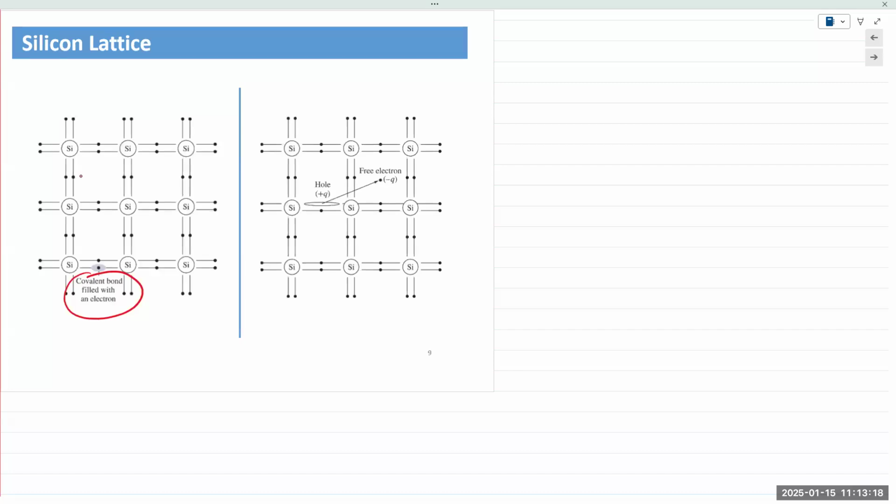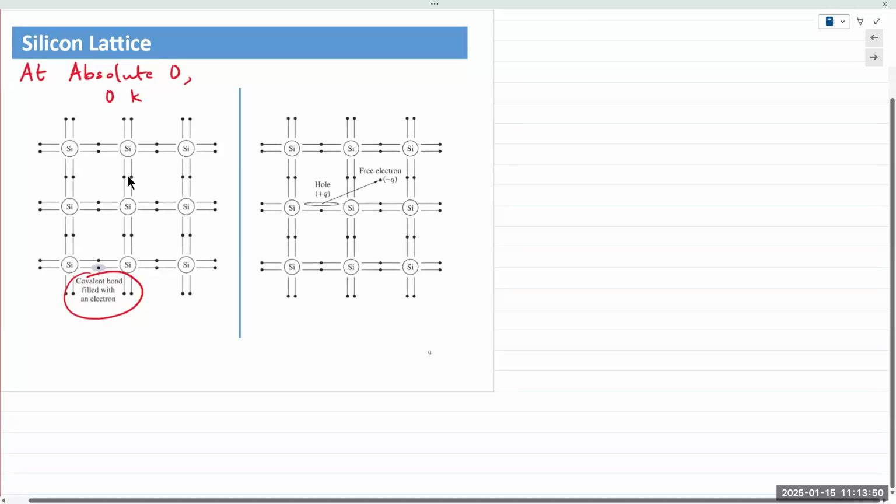Okay, so at absolute zero, or 0 Kelvin, all of the bonds are intact. All of the electrons are in their spots, and there are no free charge carriers.